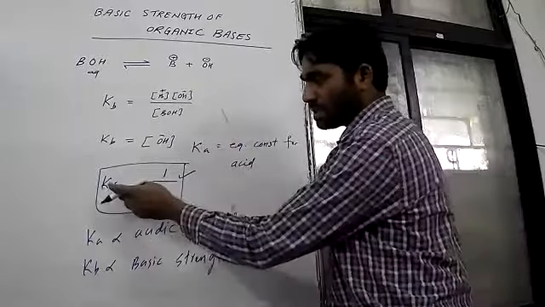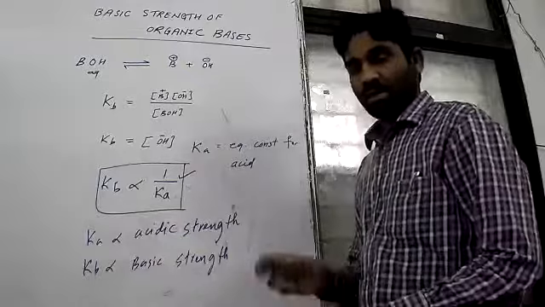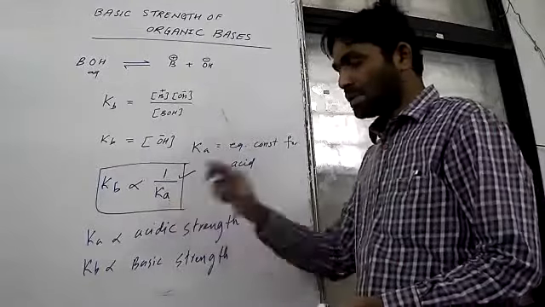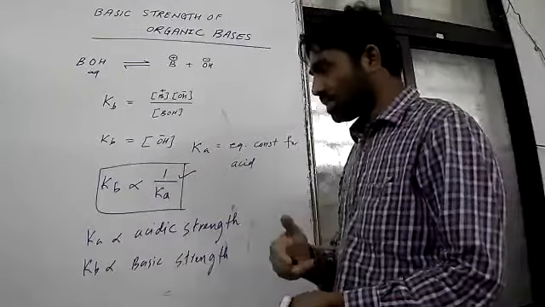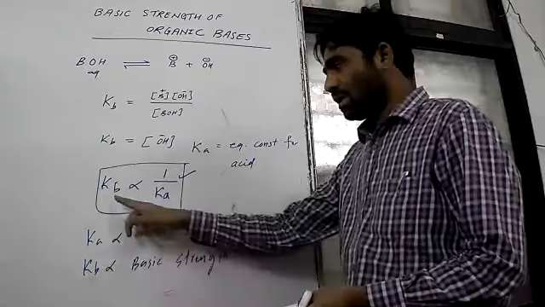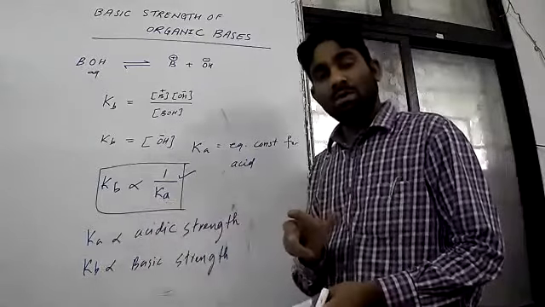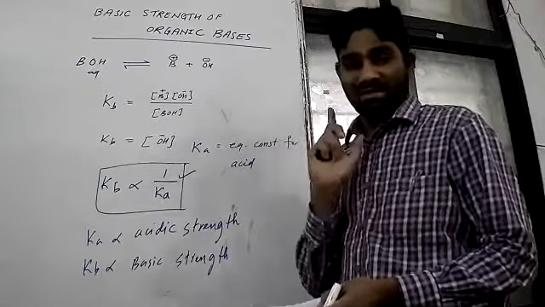If Kb is higher for a given base, Ka will be less. If Ka is less, it means that is a strong base. Getting the point? Try to understand. Kb is higher, that is a strong base. Kb and Ka are inversely proportional, so for any strong base, Ka will be less.